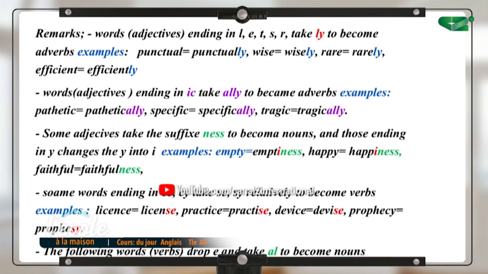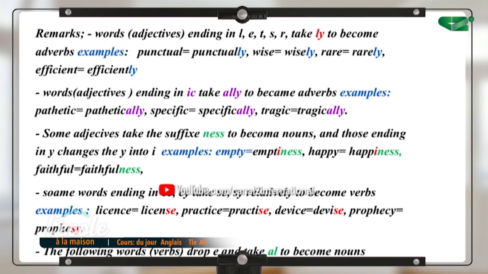Now, next dash, some adjectives take the suffix ness to become nouns. And those ending in Y change the Y into I before you add the suffix.